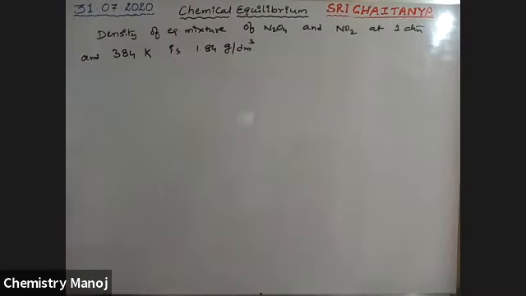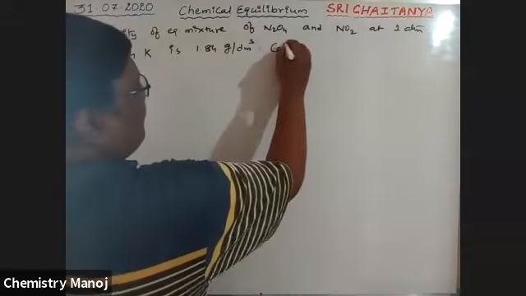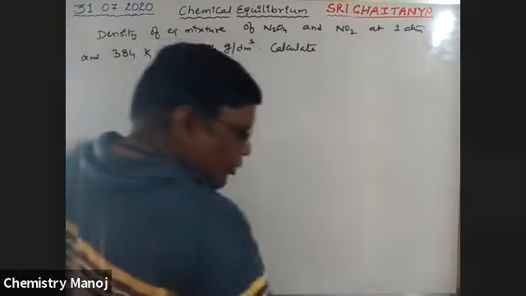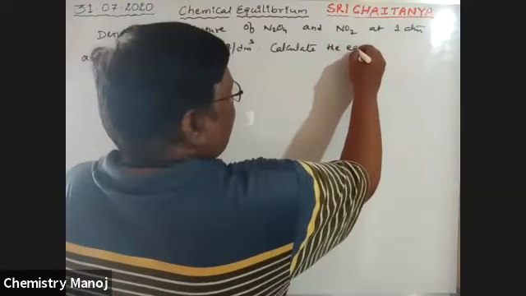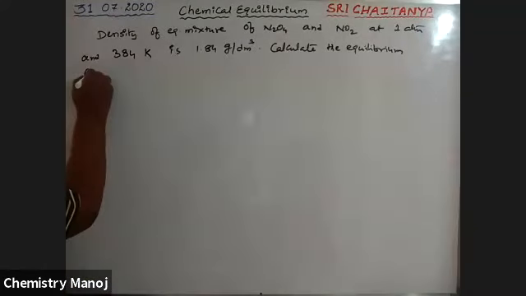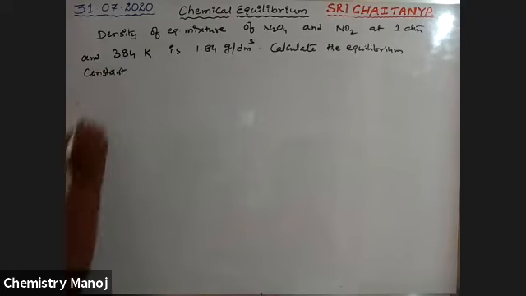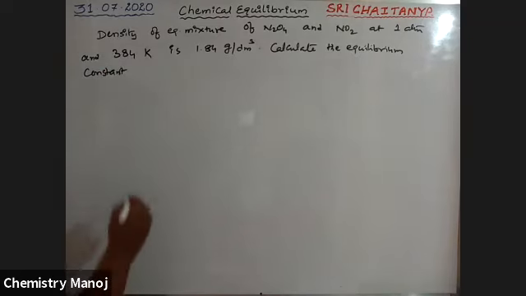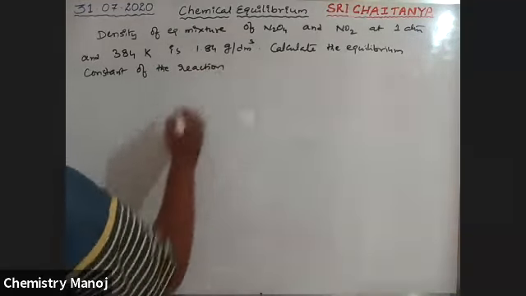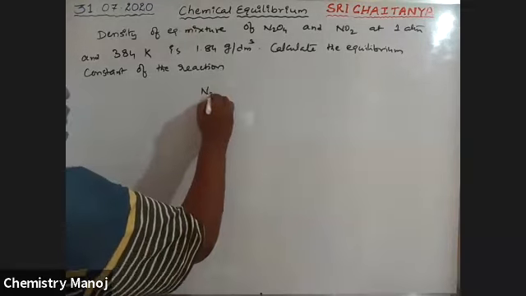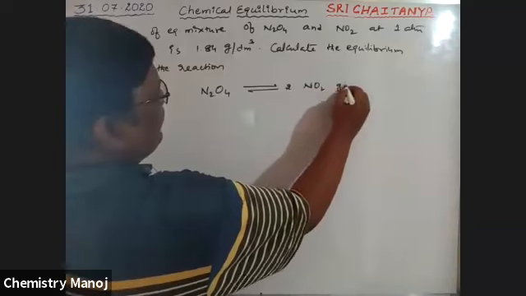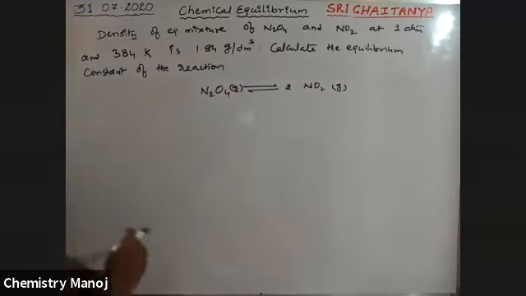Calculate the equilibrium constant of the reaction N2O4 reversible with 2NO2. Both these are gases. This is the question, boys.